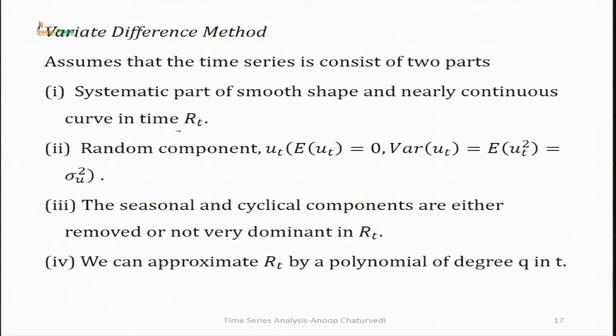So, this r t is the systematic part and u t is the random part. The seasonal and cyclical components are either removed or not very dominant in r t. We assume that these two components have been removed. We can approximate r t by a polynomial of degree q in t.